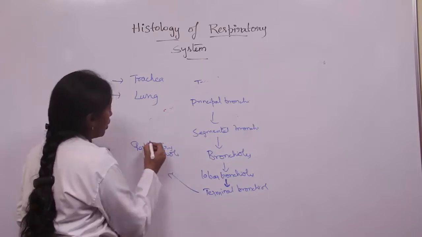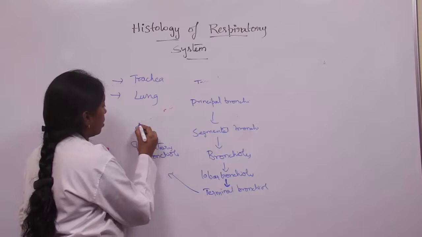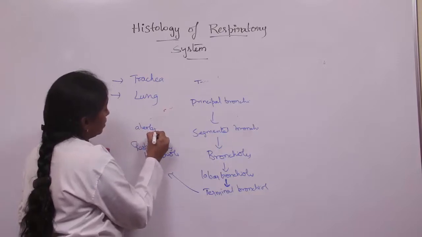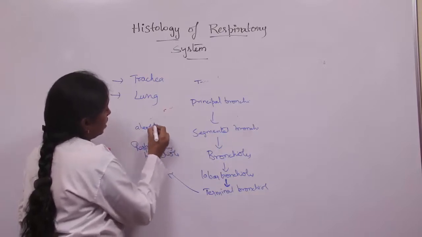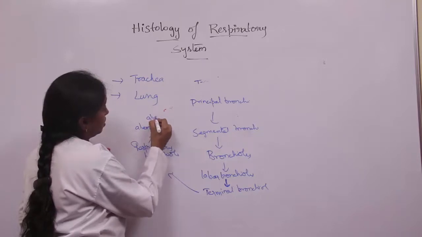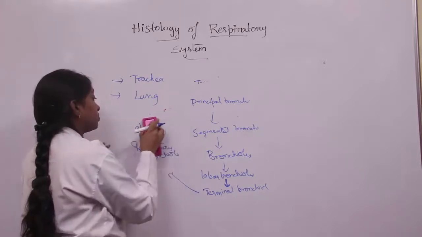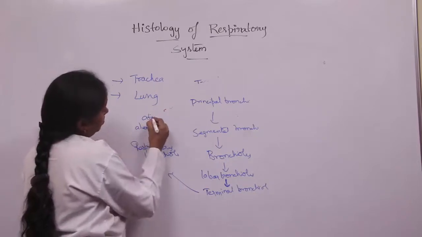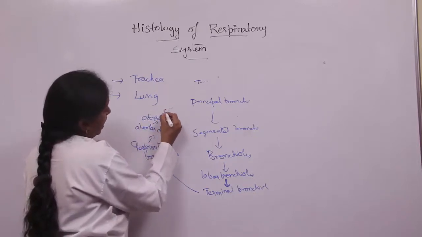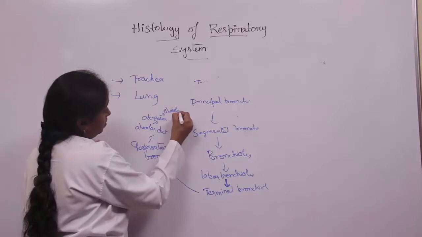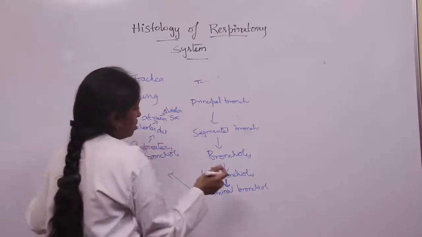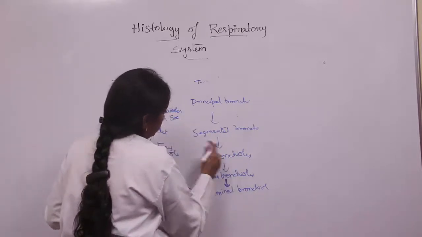These respiratory bronchioles further divide into alveolar duct, alveolar sac, atrium, and alveolar sac.